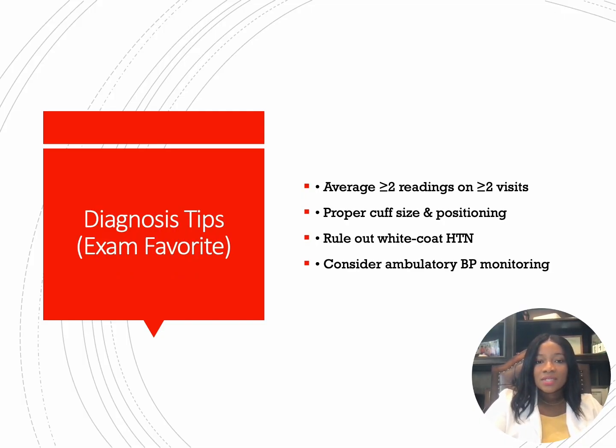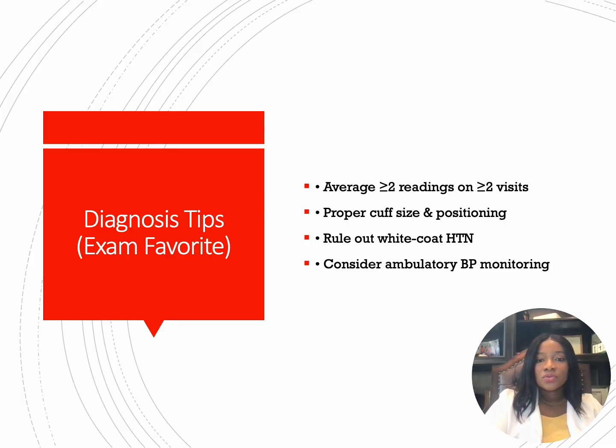Quick tips on hypertension. Hypertension is not diagnosed from a single reading. You need an average of 2 or more readings on at least 2 different visits. So you see the patient the first time, and then they can keep a log at home, and on a different visit, now you can make a proper diagnosis.